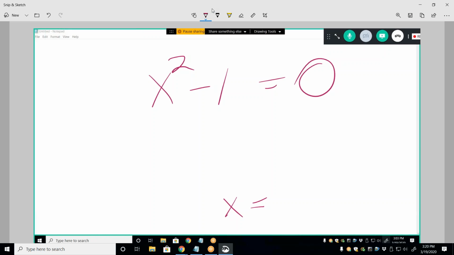The negative 1 or the squared? The squared. No, actually the negative 1. And the reason being is that if I take the square root of that, there is no square root of that. Whereas if I get rid of the 1 first, now I can take the square root of what's left. So what's the next line I want to write?